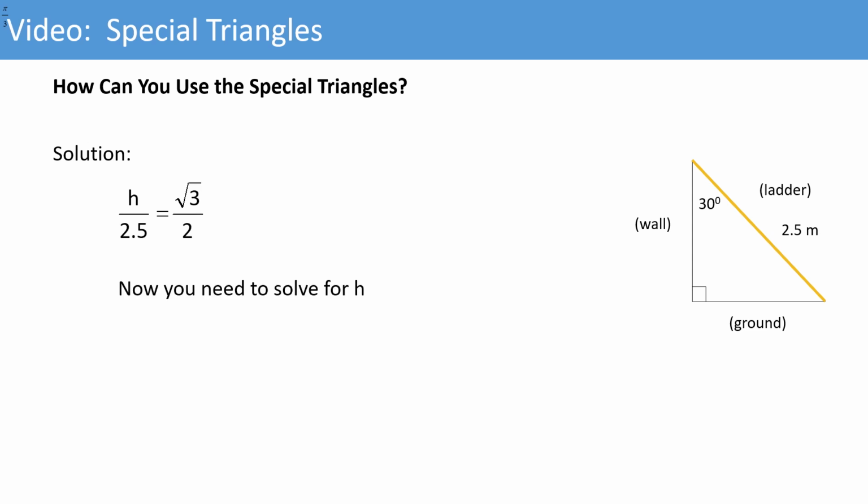Just to recap, we're going to solve for h by, you've got it, cross multiplying. h equals 2.5 times the square root of 3 divided by 2. So h is 1.25 times square root 3, which we got by taking 2.5 and dividing by 2.